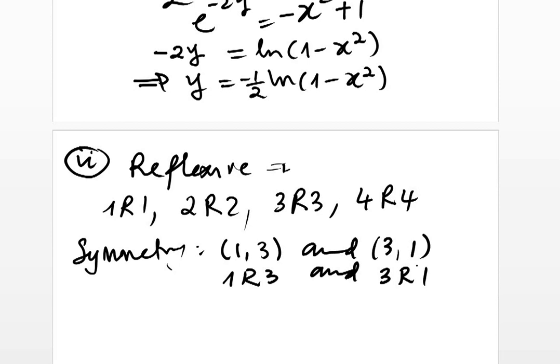Remember that a relation R is symmetric under a set A if for all a, b belonging to A, if a relates b, then b should relate a. For symmetric, if a relates b, then b relates a. For reflexive, a relates to itself.